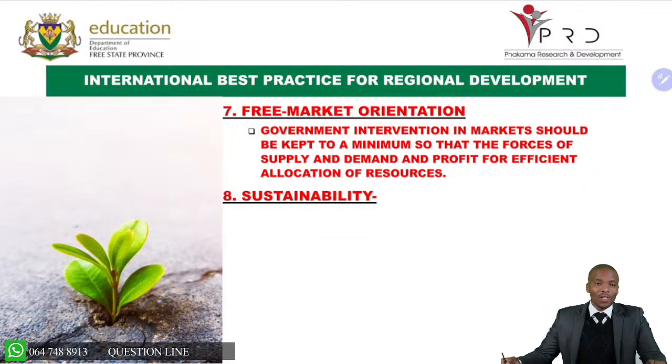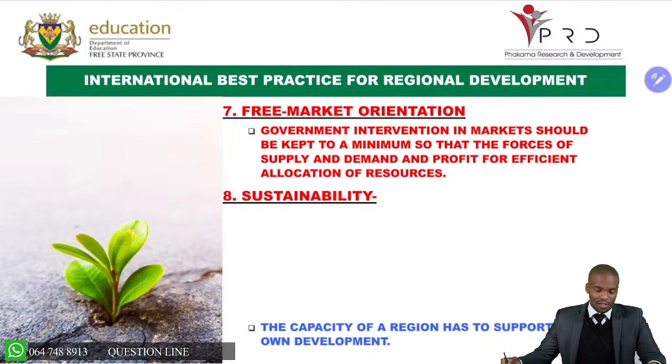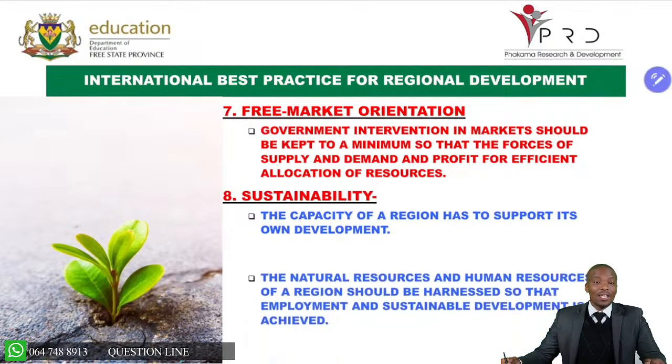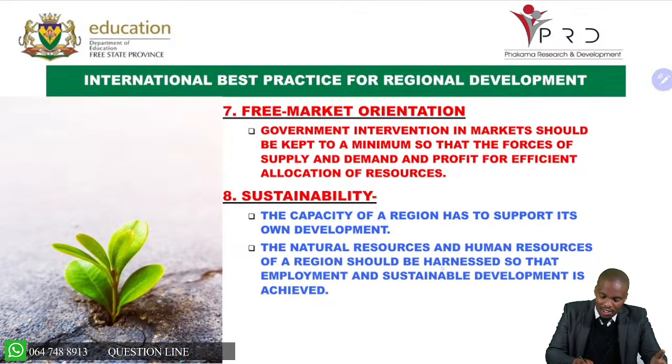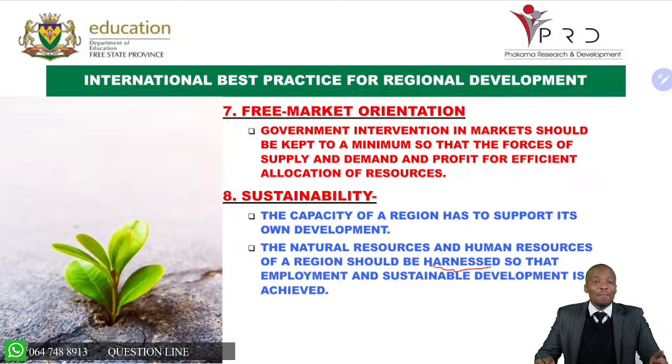The last one, it is the issue of sustainability. The capacity of the region has to support its own development. What are we saying? The natural resources and human resources of that particular region should be harnessed so that employment and sustainable development is achieved.